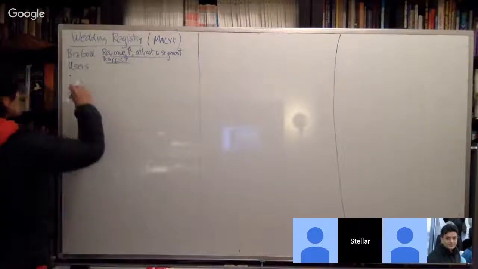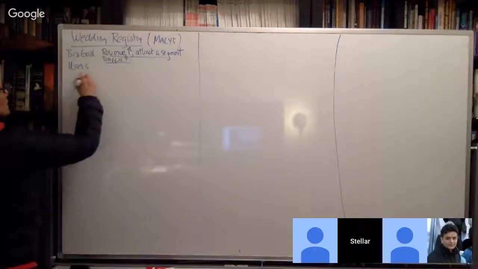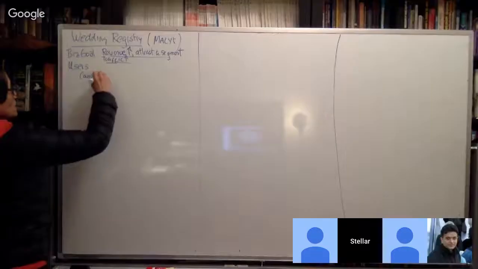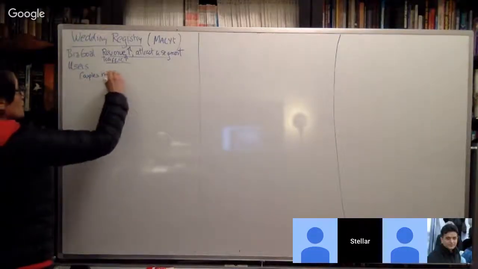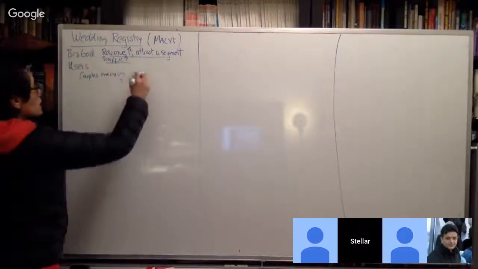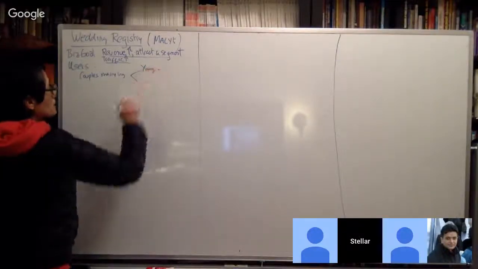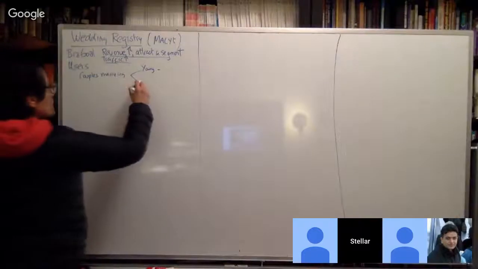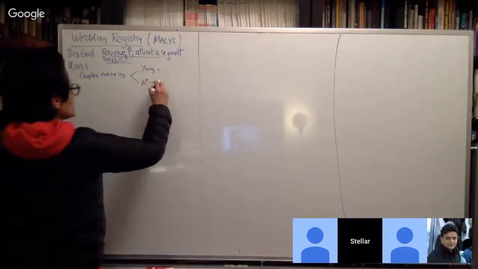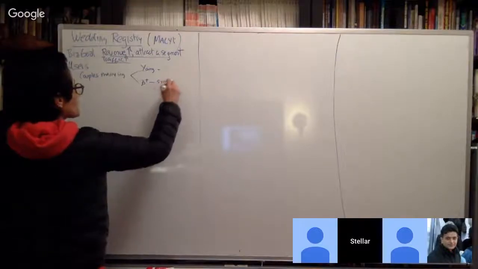First of all, they're the people that get married, right? Couples marrying. And I have 2 types of couples. Students, very young, and then people that are maybe in their 30s or plus, so they have lived single lives and now they're getting married.